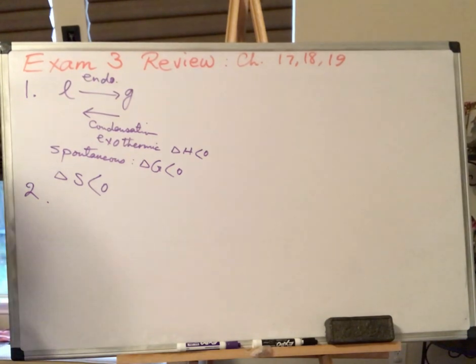For number 2, it says the free energy change of a reaction is a measure of the excess entropy given off. No, free energy change is not a measure of entropy. The energy given off to the surroundings? No, that's the heat. The direction in which a net reaction occurs?